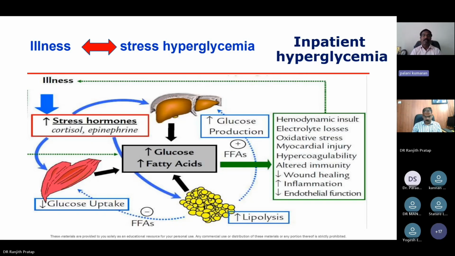All these factors put together are caused by hyperglycemia, that is increased glucose as well as increased fatty acids. So this profoundly impacts the outcome of the patient, whether it's going to be critical or not.